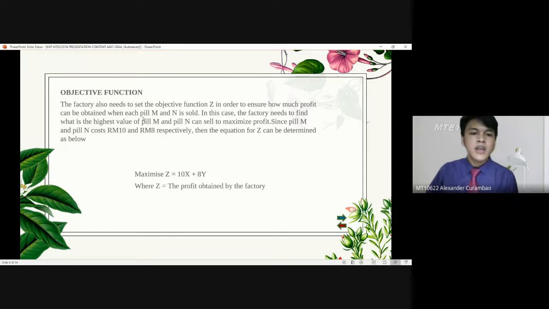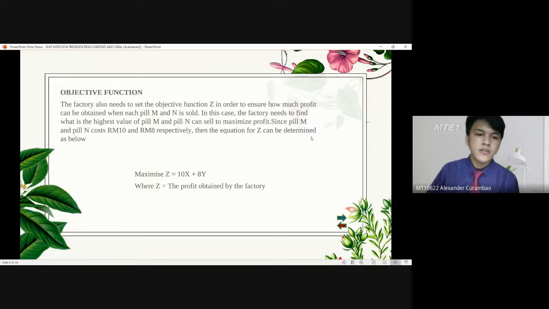So in this case, the factory wants to find the highest value of the products of pill M and pill N that can be sold, so that the factory can maximize the profits. Since pill M and pill N cost 10 ringgit and 8 ringgit respectively, actually the price, this is a typo. Okay, 10 ringgit and 8 ringgit respectively, then the equation for Z can be determined as below.